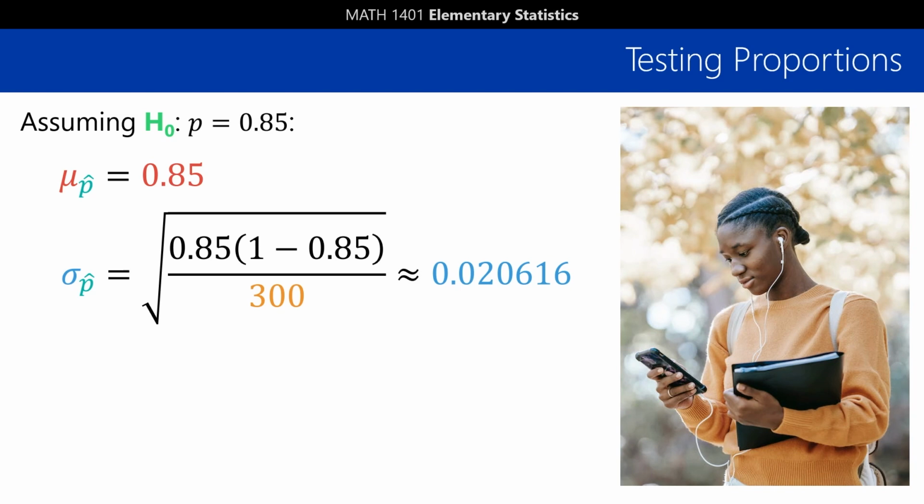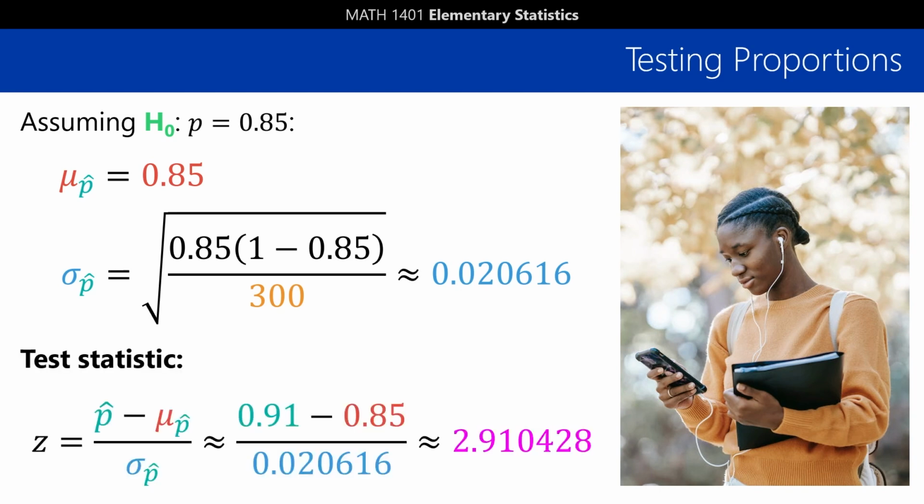Now we can use that mean and standard deviation to find out what's called the test statistic, which is the z-score for our p hat that we found. Take our p hat, 0.91, subtract the mean, 0.85, and then divide by the standard deviation, about 0.02, and we end up getting a z-score of about 2.91.